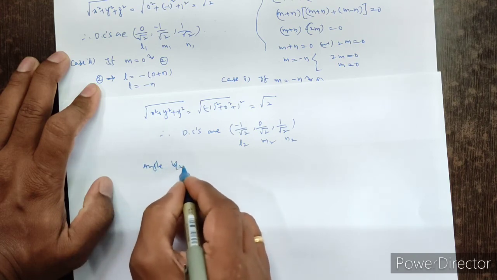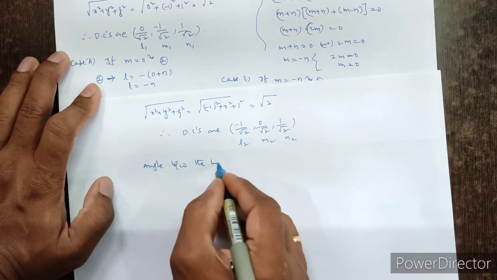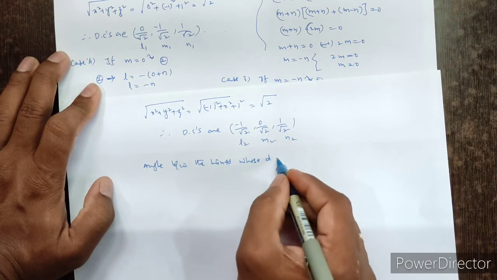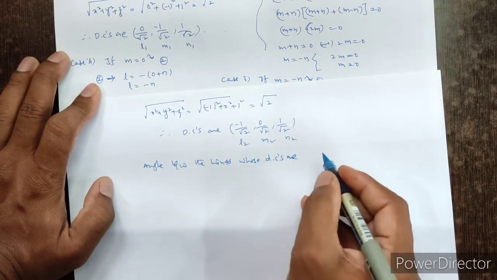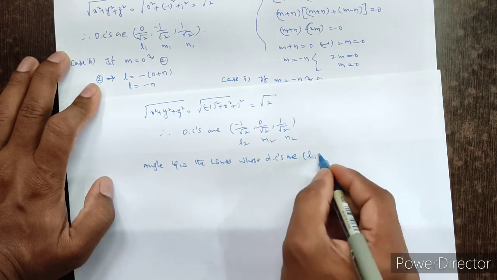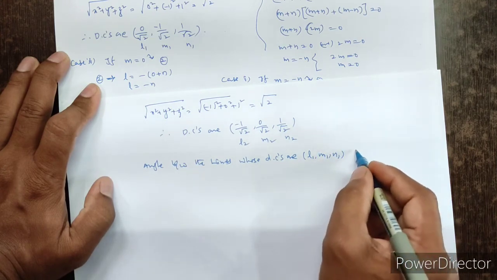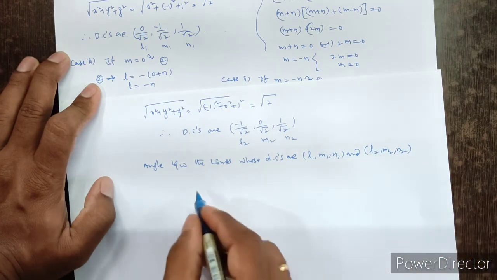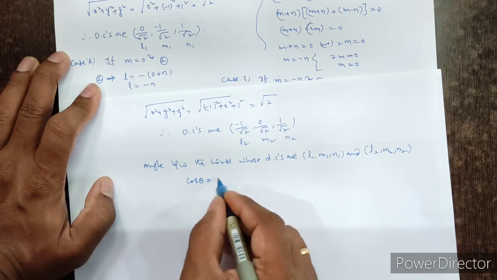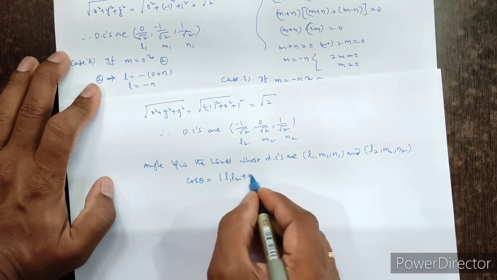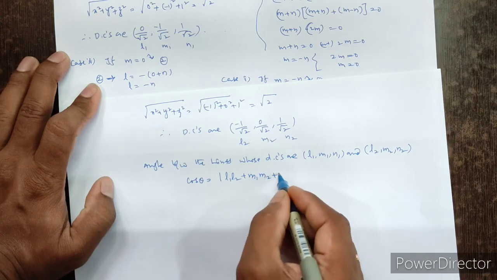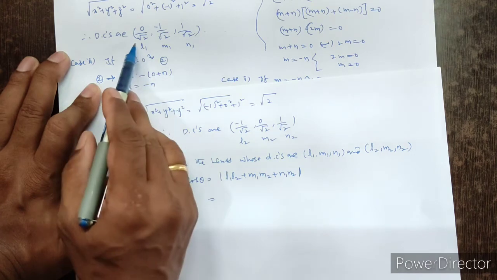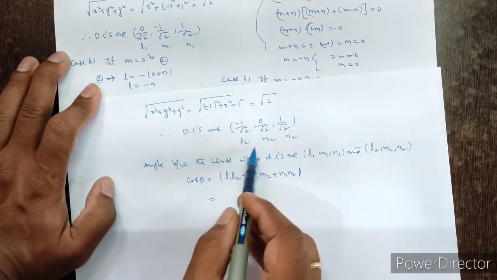The angle between the lines whose direction cosines are L1, M1, N1 and L2, M2, N2 is cos theta equal to modulus of L1 L2 plus M1 M2 plus N1 N2. So this is L1, M1, N1, this is L2, M2, N2.